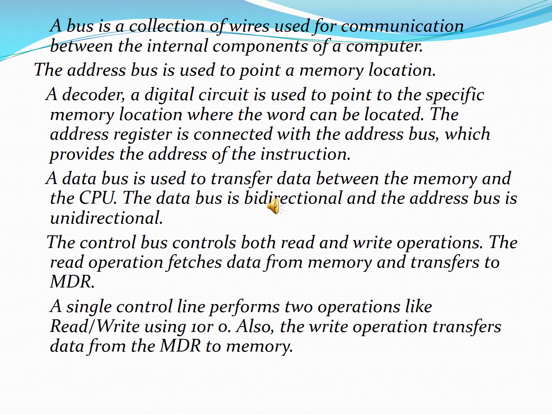Then the data is transferred on the data bus from the memory. Now we have two operations. So what do you mean by read operation? The data in memory is read and stored in the data register in the CPU.